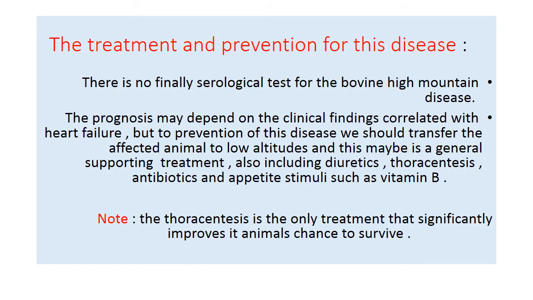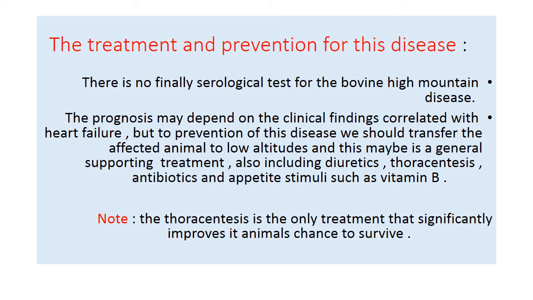Finally, I will talk about the treatment and the prevention of the bovine high mountain disease. Now, there is no definitive serological test for the bovine high mountain disease. So, the prognosis may depend on clinical findings correlated with heart failure.